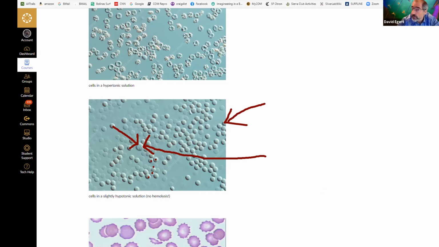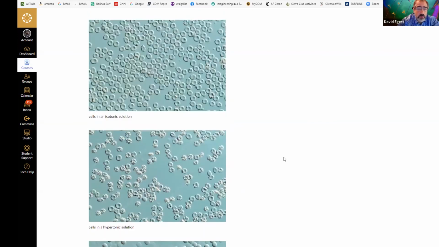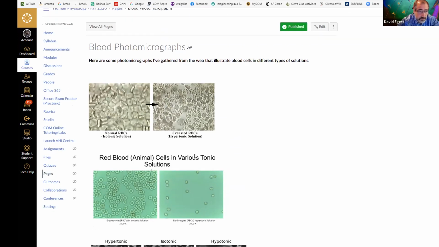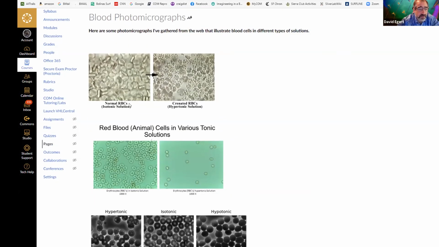So, for your lab notebook, when it says what do you see under the microscope for tube 1, tube 3, tube 4, tube 5, try to describe what it looks like.